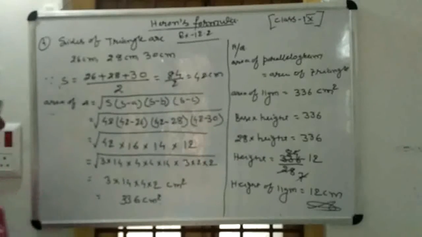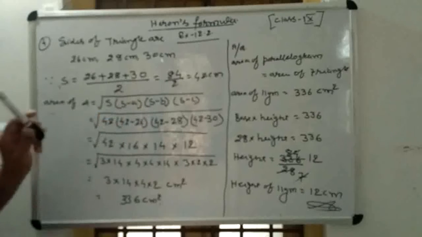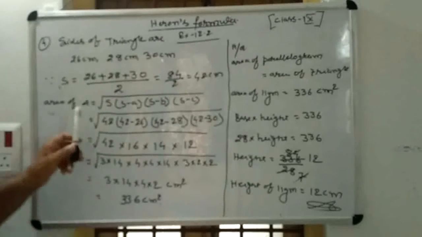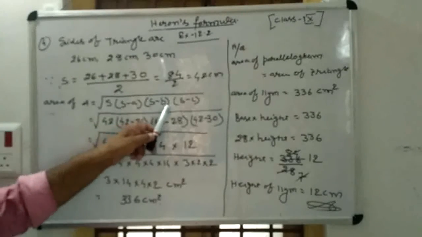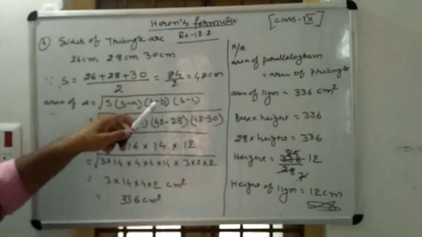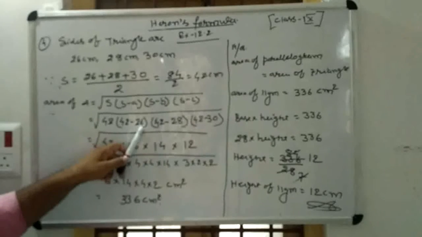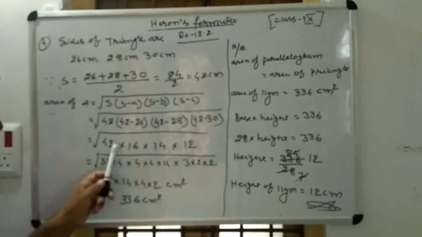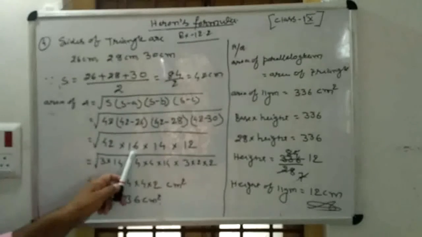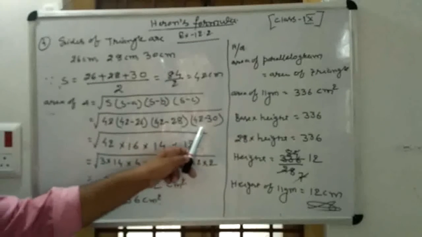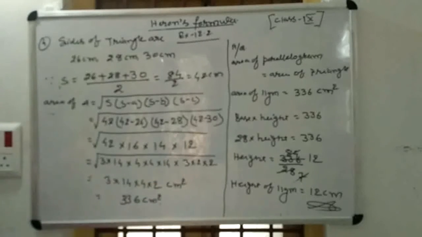After getting the value of the semi-perimeter, we apply the formula of area of triangle, which is root of S into S minus A into S minus B into S minus C. Now putting our value 42, 42 minus 26, 42 minus 28, 42 minus 30. So it becomes 42 into 16, 14, and 42 minus 30 is 12.